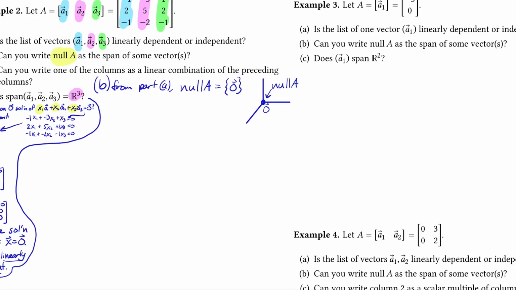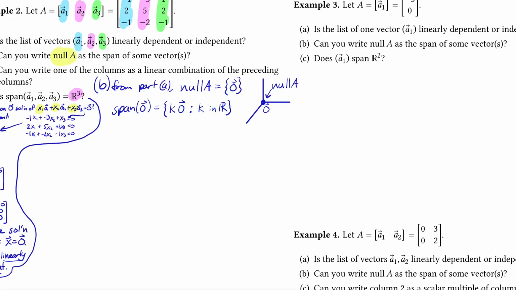Well, what if we think about it as the span of the 0 vector? Is that the same thing as just the 0 vector? Well, the definition of span is the set of all linear combinations, or in this case, just the set of all scalar multiples of 0.